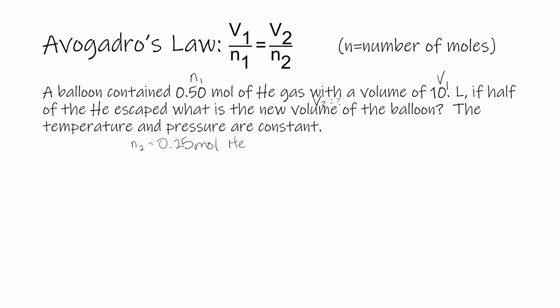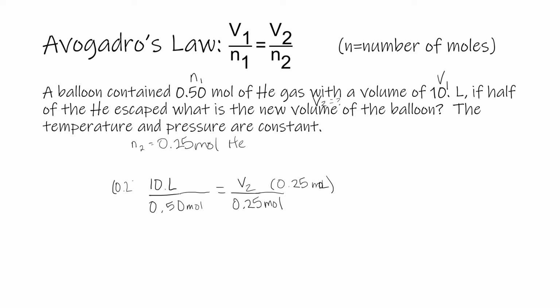So let's plug in what we have. So our volume 1 is 10 liters, and we're going to divide that by our initial amount. And so we get 0.50 moles. And we're going to set that equal to V2 over our 0.25 moles. Okay, so now solving for volume 2, we can simply multiply both sides by 0.25, oops, I wrote milliliters, it's really moles.